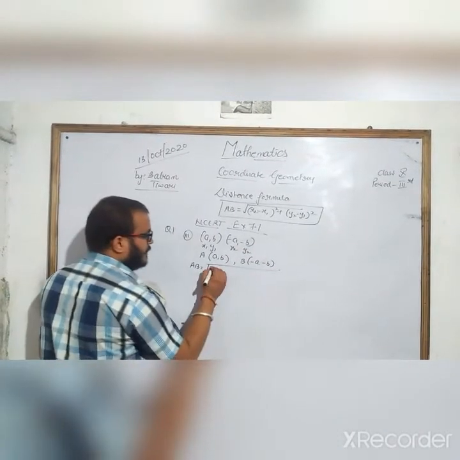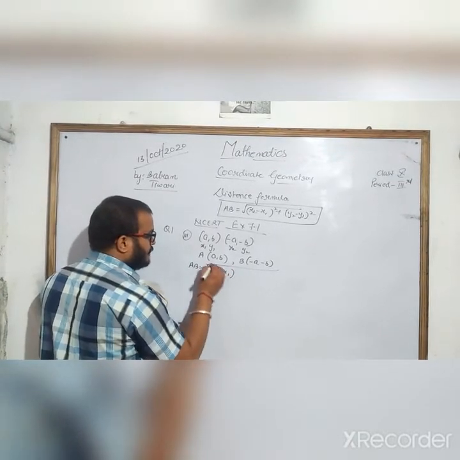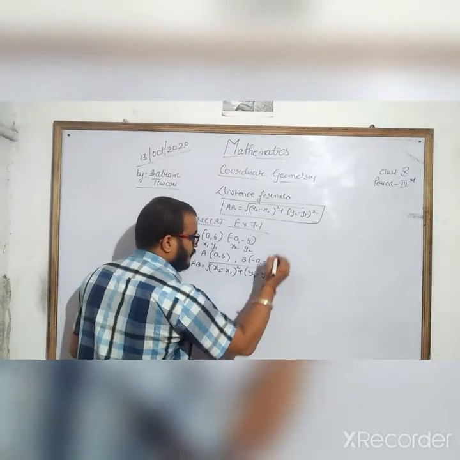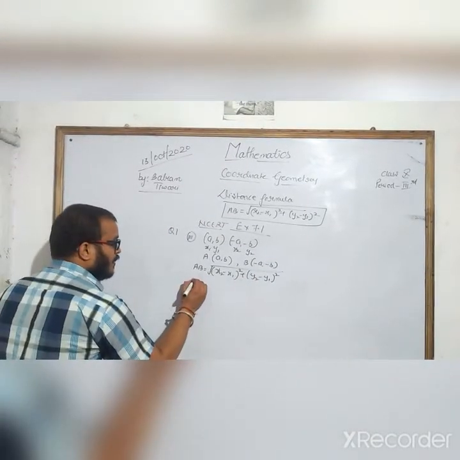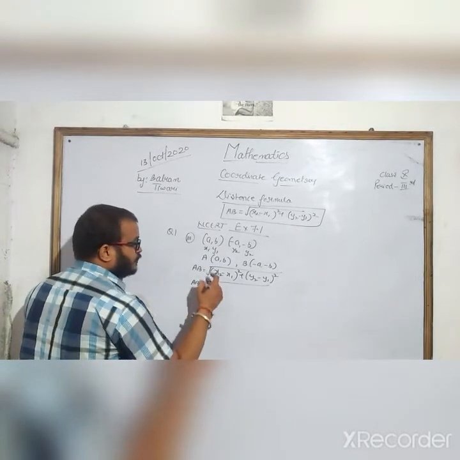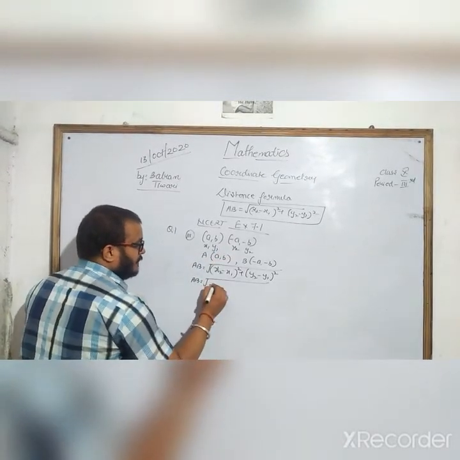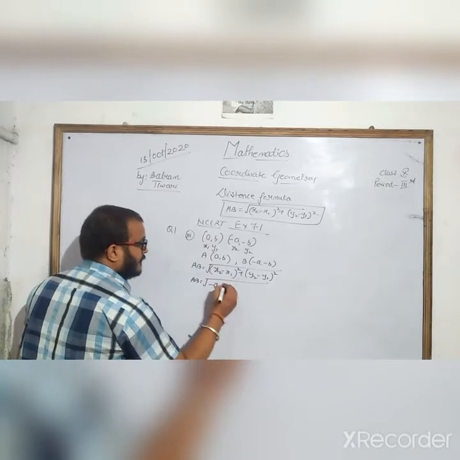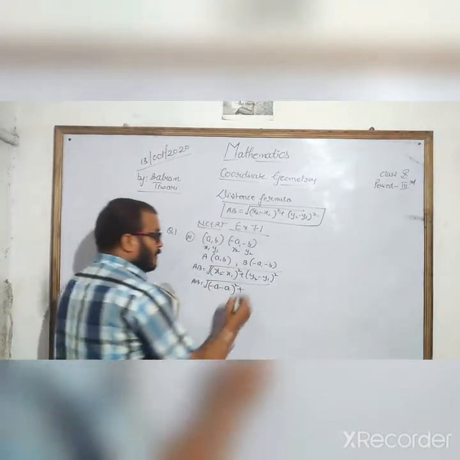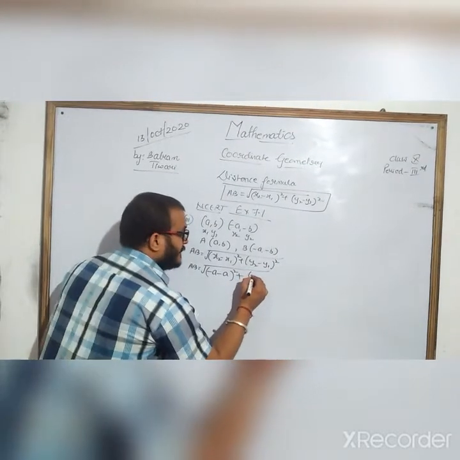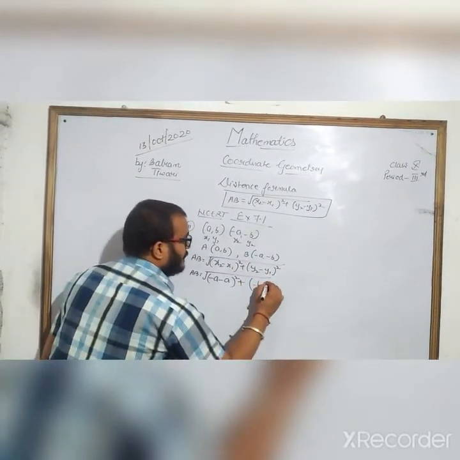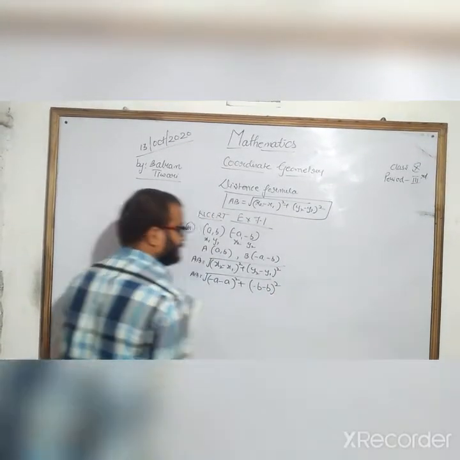As we know very well, the distance is the square root of x2 minus x1 of whole square plus y2 minus y1 of whole square. So AB becomes: x2 is minus a, x1 is a, so minus a minus a, of whole square, plus y2 is minus b and y1 is b, so minus b minus b, of whole square.